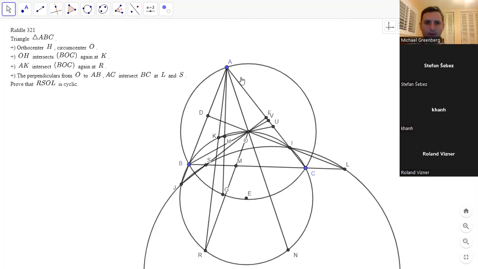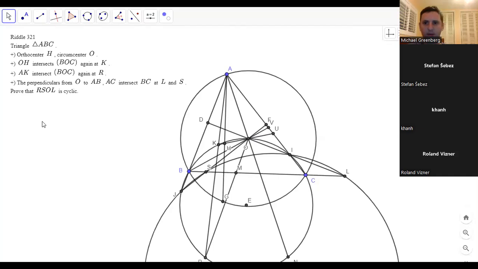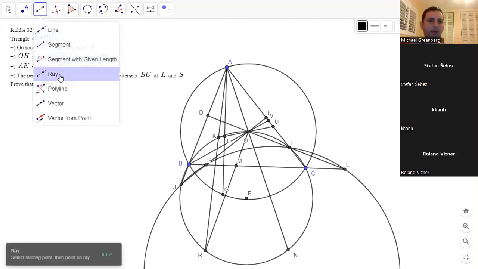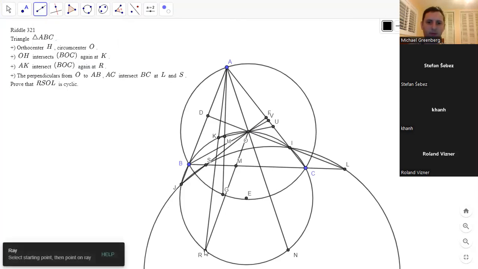We let RS and RL meet the circle at Y and X. Okay, so by symmetry, we could basically just do one of them.